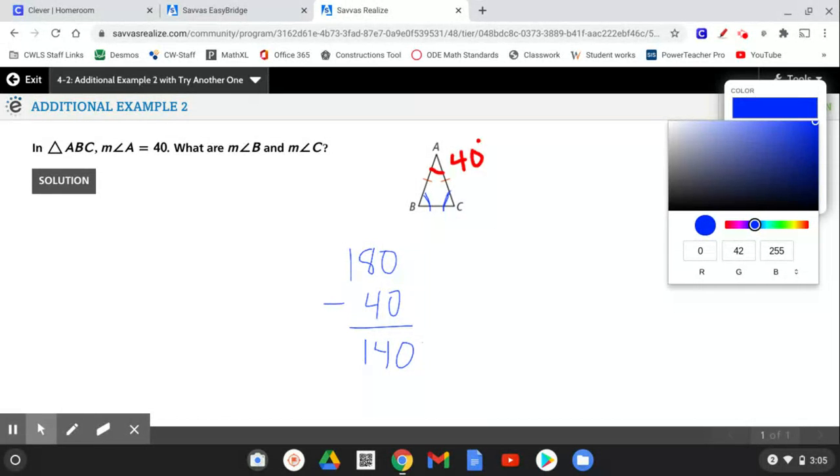They're two equal parts, so we take this 140 and divide it by 2, and that gives us 70. So that is the measure of angle B. And 70 degrees is also the measure of angle C because it's an isosceles triangle and those angles are opposite the congruent sides.